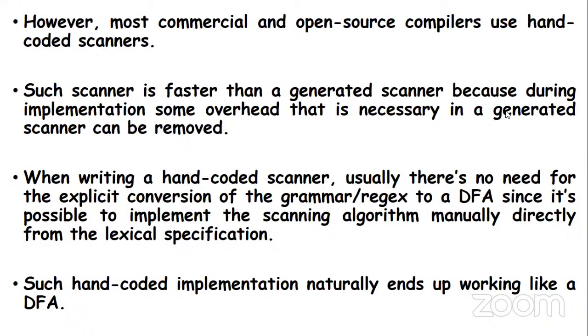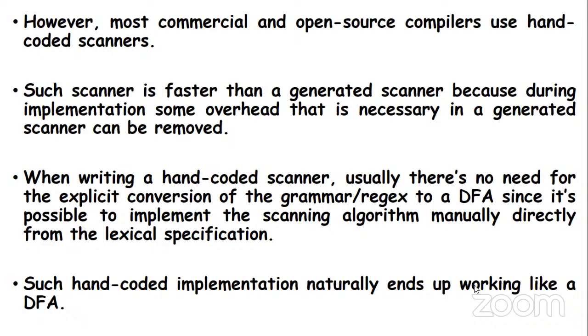Such a scanner is faster than a generated scanner because during implementation, some overhead that is necessary in a generated scanner can be removed. So when writing a hand-coded scanner, usually there's no need for the explicit conversion of the grammar or regex to a DFA, since it is possible to implement the scanning algorithm manually directly from the lexical specification.